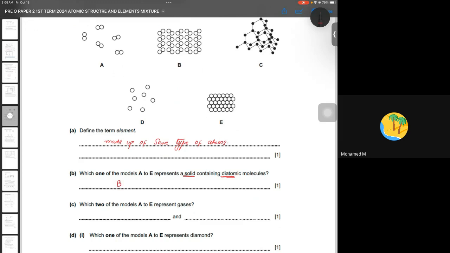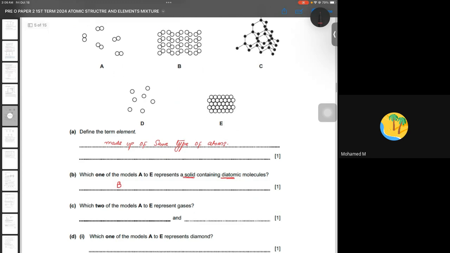Which two of the models A to E represent gases? A and D, because the particles are far away from each other.